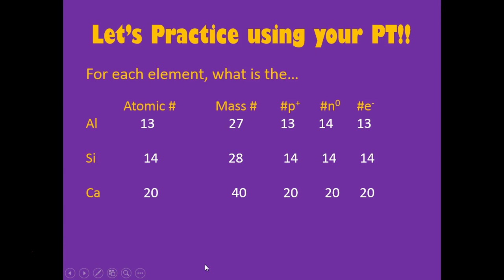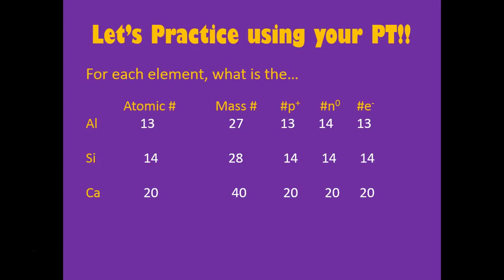The mass number, what we do is you look at the periodic table and there's a number written below it. I haven't talked about this yet, but that number is what's called the average atomic mass. If you take all the different kinds of an atom that exist out there and you average the mass, you get what's on the periodic table. We're going to talk about something called isotopes later on, but technically speaking, you can have atoms of the same element that have different masses.